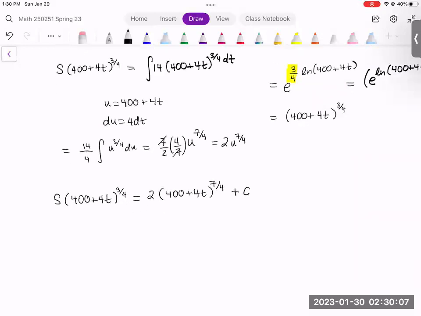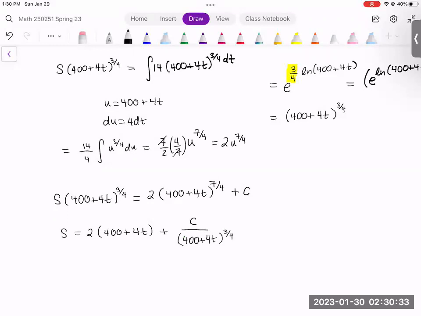Now we're going to solve for s. So we divide both sides, and we get s equals 2 times (400 plus 4t) plus c over (400 plus 4t) to the 3/4. Okay. So this is our general solution.